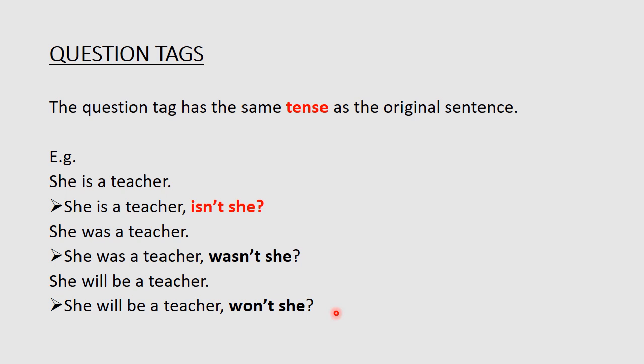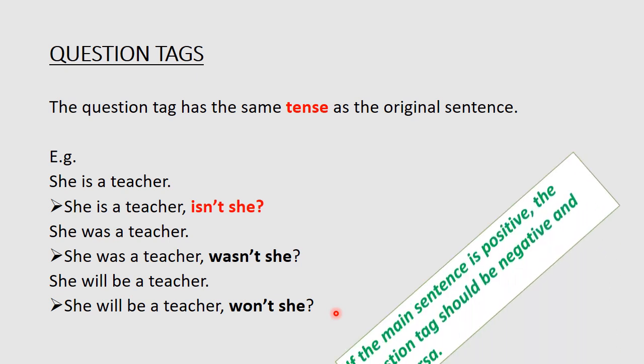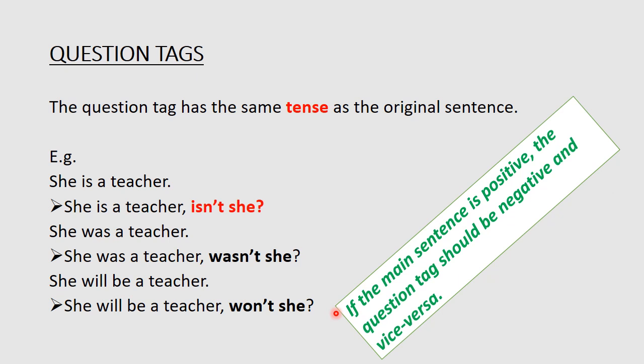Another pattern, which is the second guideline that you should learn about question tags, is that if the main sentence is positive, the question tag should be negative, and vice versa.